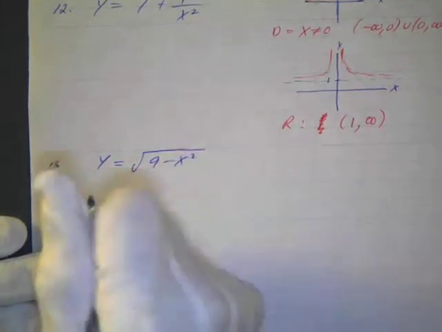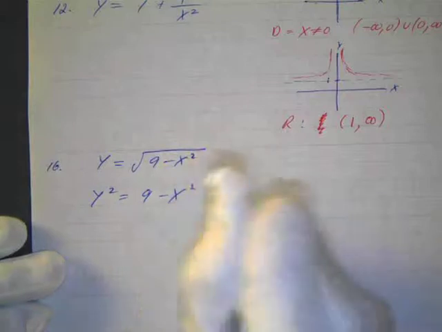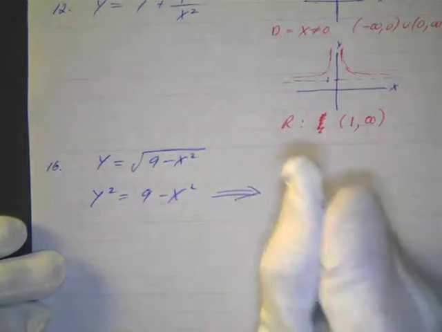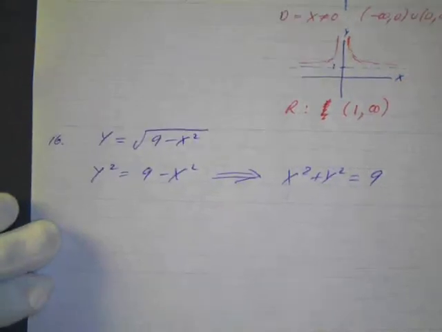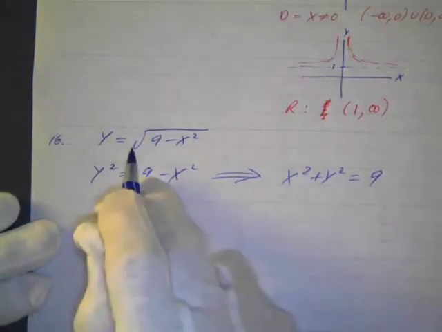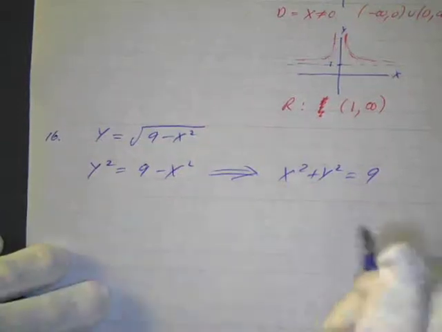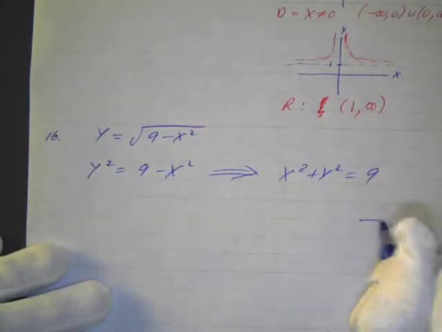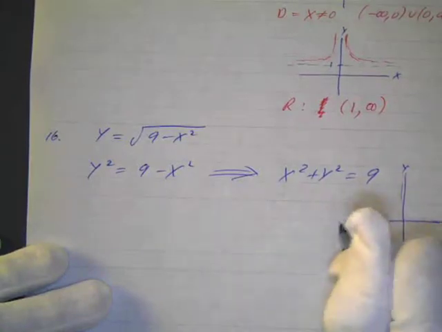So if we square both sides, we get y squared equals 9 minus x squared. If we add x squared to both sides, we get x squared plus y squared equals 9. And that's just a circle whose radius is 3, but this is positive. This is the upper part of the circle whose radius is 3. So you could sketch it without even using your calculator. Y, x, always label your axes.